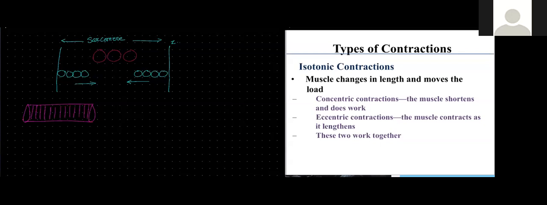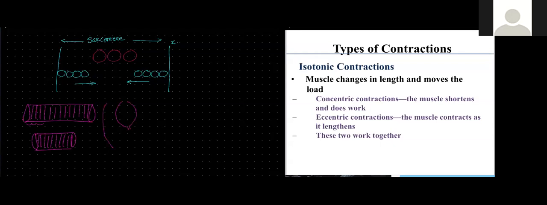So if I'm shortening the length of each one of them, this is going to result in shortening in the length of the whole muscle fiber. And if you shorten the muscle fibers in a muscle, this results in shortening of the length of the whole muscle, allowing the contraction to take place.